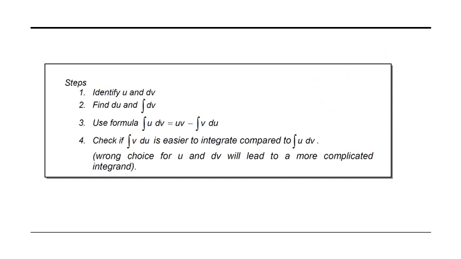Next step, how to solve a function using integration by parts. The first thing, you have to identify where your u is and where your dv is. So we have the formula: integrate u dv equals uv minus integrate v du, right?